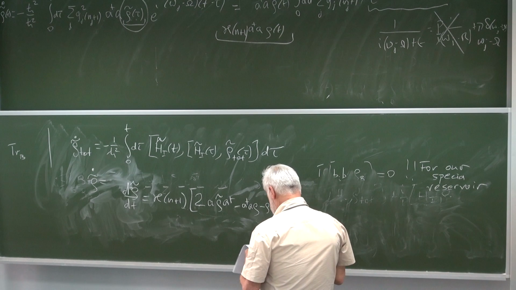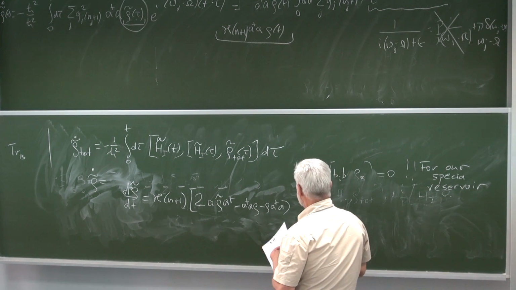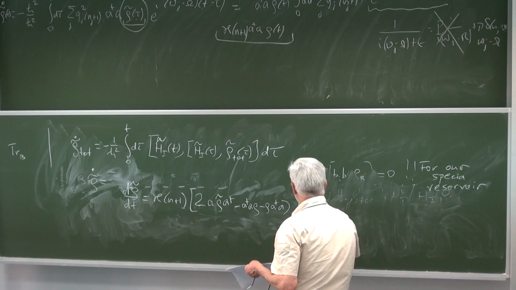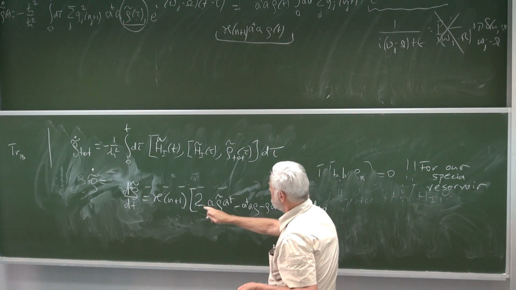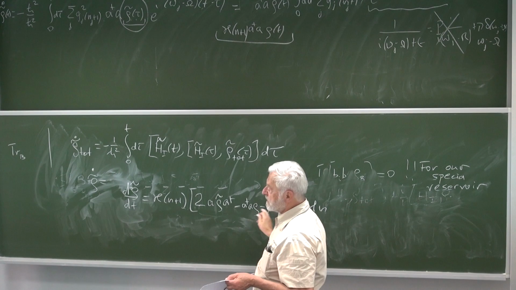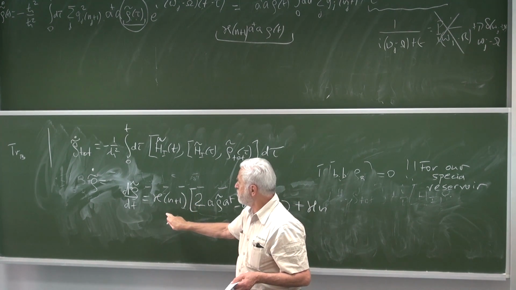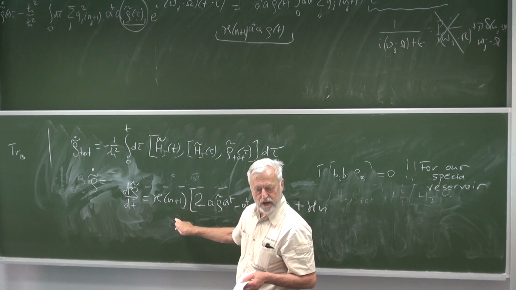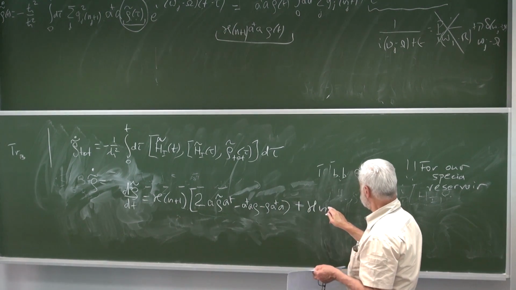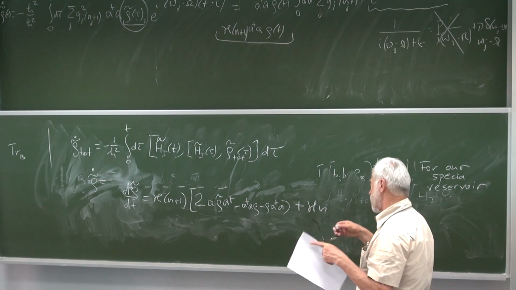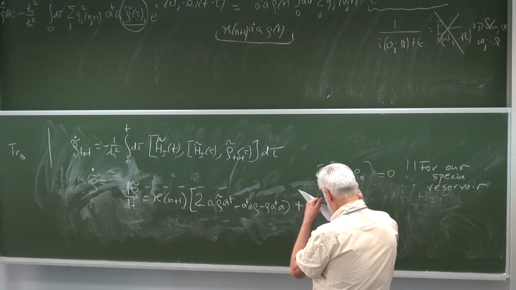So this is one term, and the other term is plus kappa n. You understand that these three terms come from everything that would have b dagger initially, yes? And these terms that are proportional to kappa times n come from the other normally ordered b's.